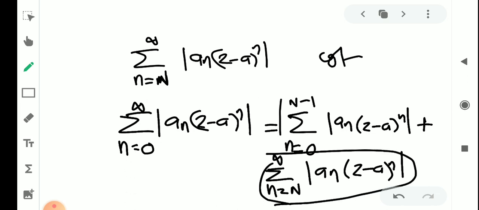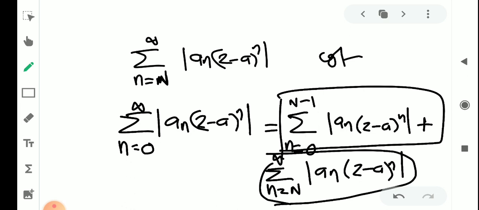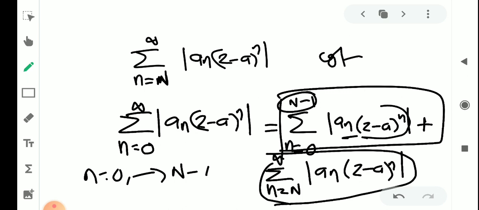What about the first series? It is a finite sum. It is the sum of the terms from n equal to 0 to n minus 1. Now a n is defined, (z minus a) all raised to n is defined, their product is defined, the modulus is defined. Therefore the finite sum sigma n equal to 0 up to capital N minus 1 exists. So corresponding to this we will get a finite value.